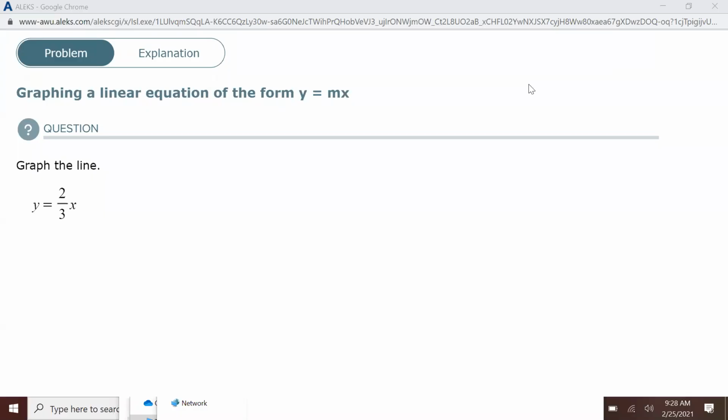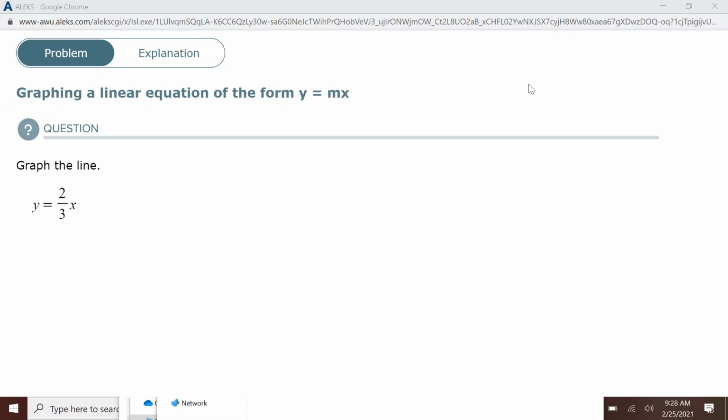Now we will actually graph the line. To graph a linear equation, it is much easier if y is isolated. Or in other words, if y is by itself in the equation, which it is in this case.